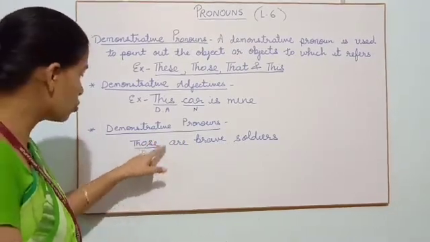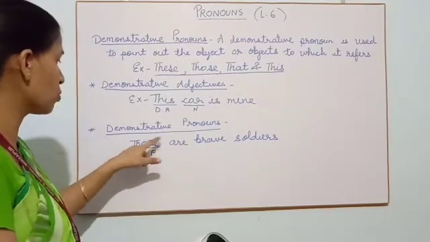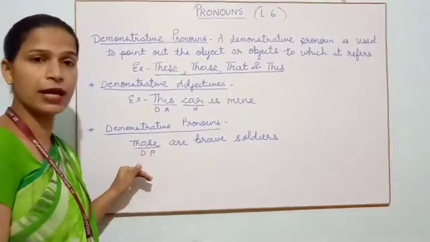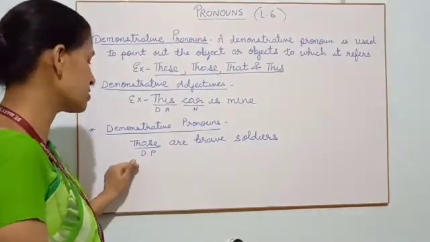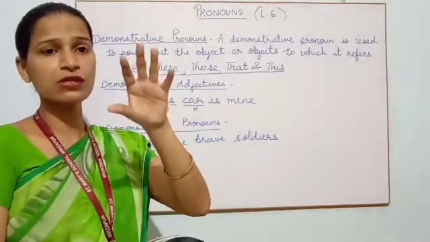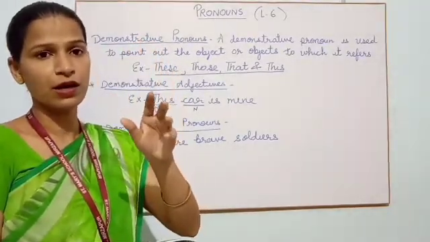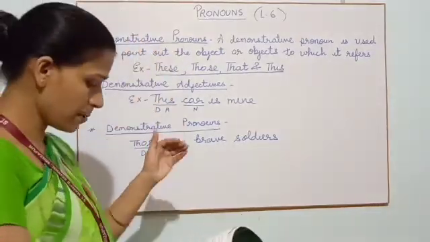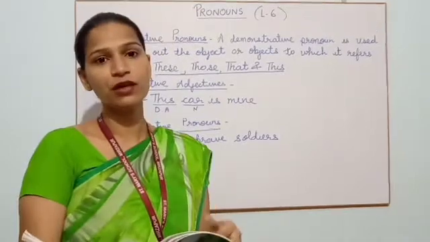And you can see that those is indicating; those can be the name also. We could have put here the name of the brave soldiers, but we have just indicated with the help of the word those. So those is replaced with the noun. That is why demonstrative pronoun is said to be taking the place of the noun.